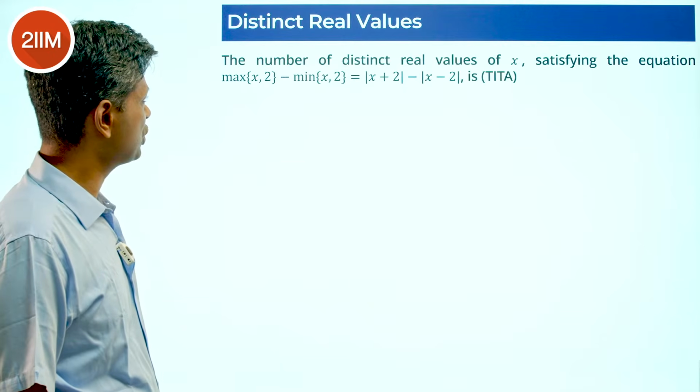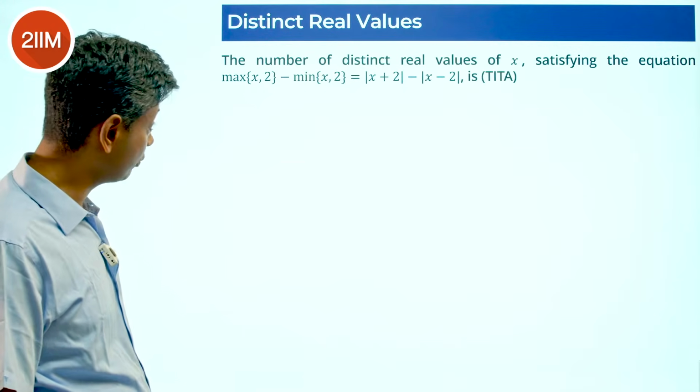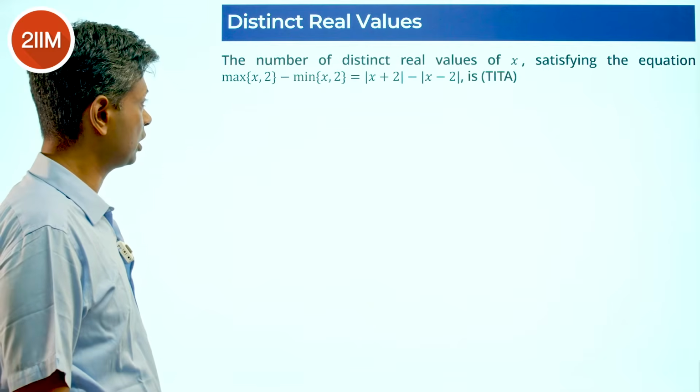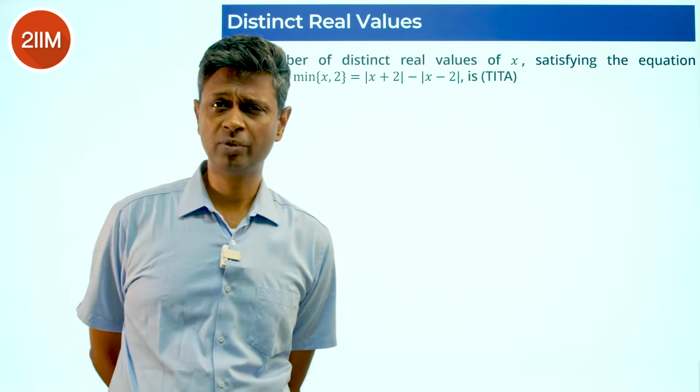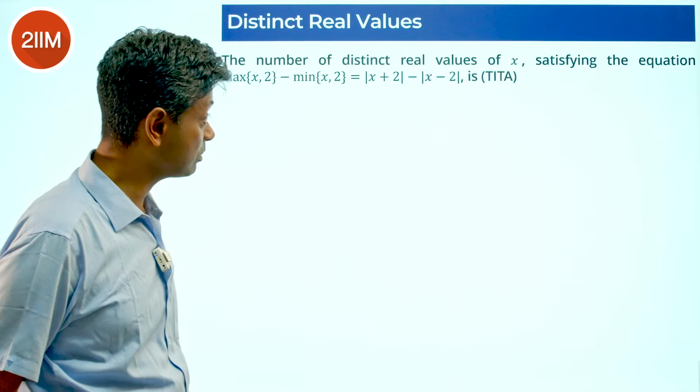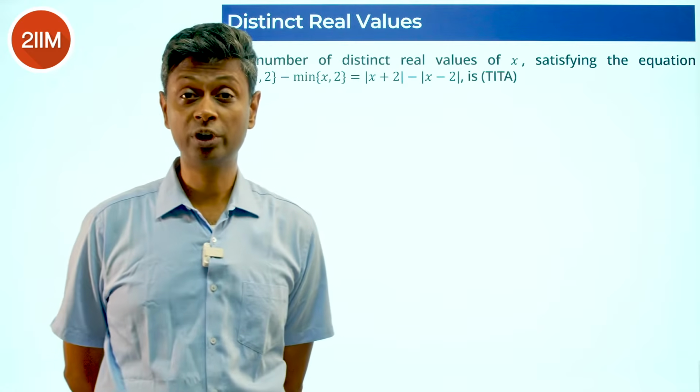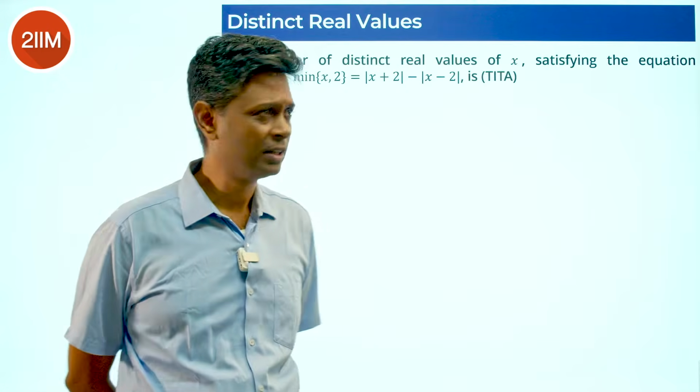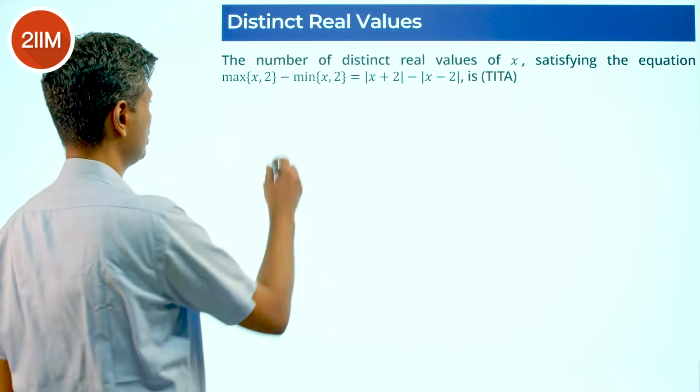The number of distinct real values of x satisfying the equation maximum of x comma 2 minus minimum of x comma 2 equals mod x plus 2 minus mod x minus 2. Very interesting question. Maximum of x comma 2.